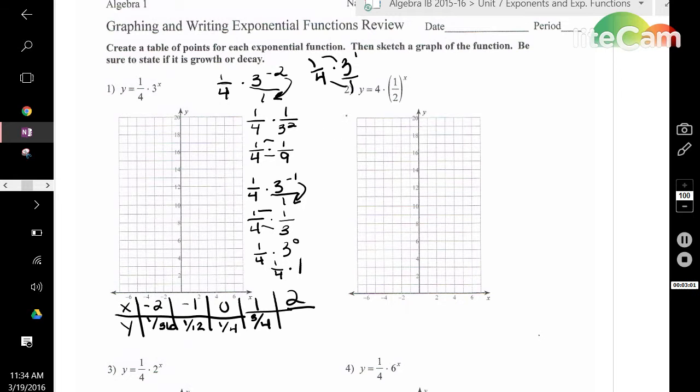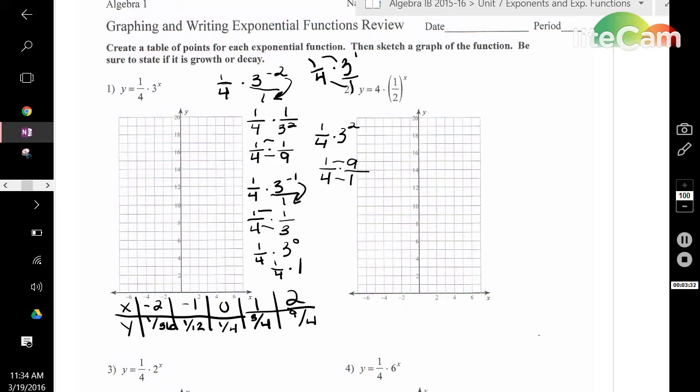If I plugged in 2, I'd have 1/4 times 3 to the 2nd power. Again, it's not a negative exponent. I will evaluate that 3 to the 2nd power is 9, and I could turn that into a fraction by putting it over 1 and multiplying tops and bottoms. 1 times 9 is 9, 4 times 1 is 4. So that's how you create the table of values.